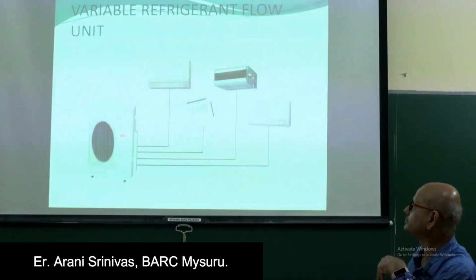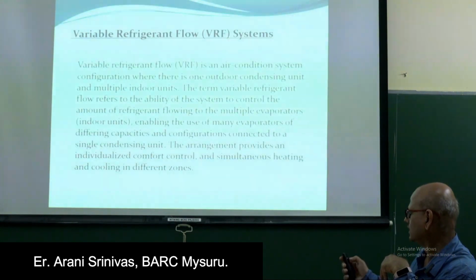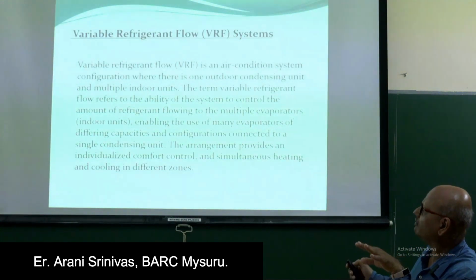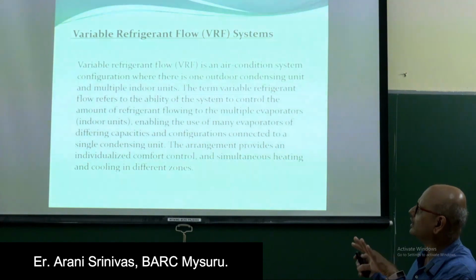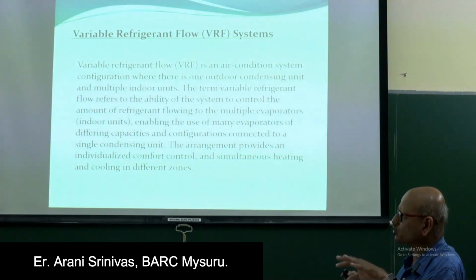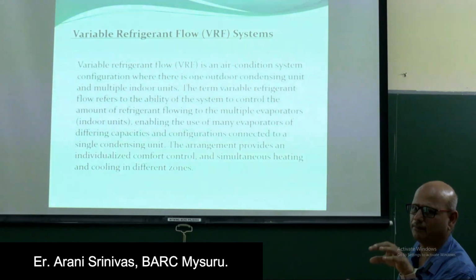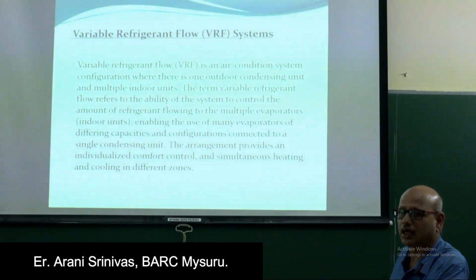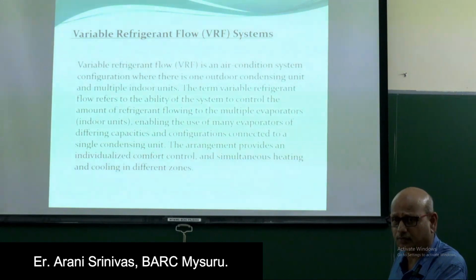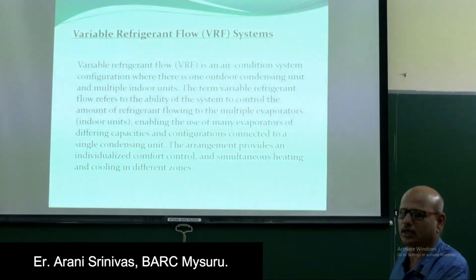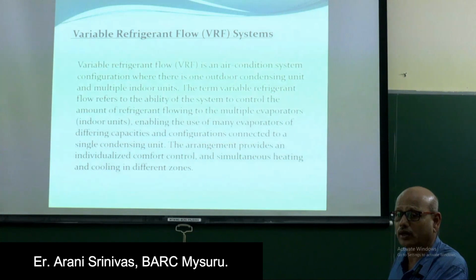In this unit, refrigerant flow is controlled in each room by sensing that particular room's temperature, and electronic expansion valves control the flow of refrigerant in the room. It will maintain only the required temperature, so the quantity is also controlled.